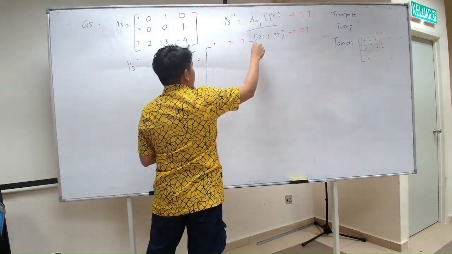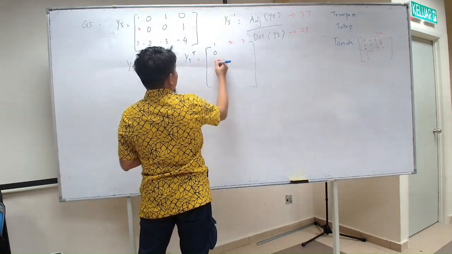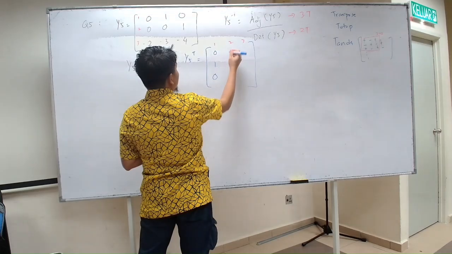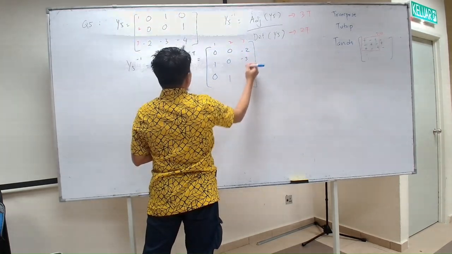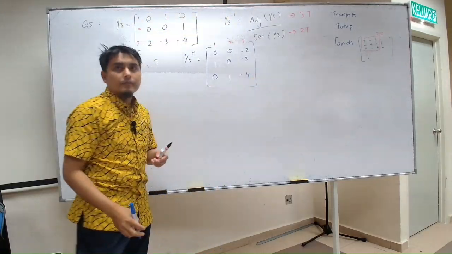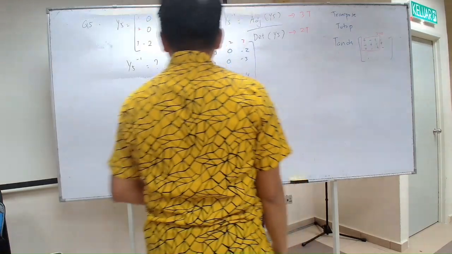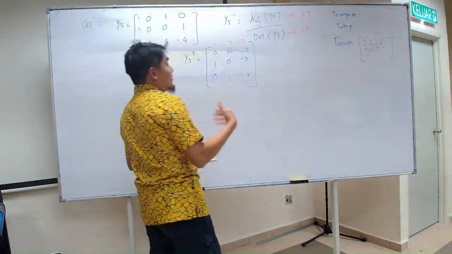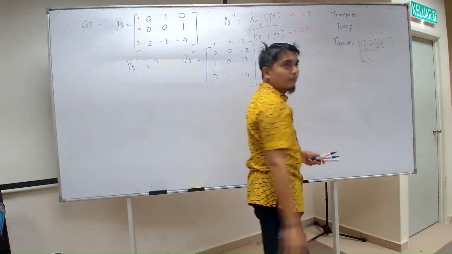So in this case, the transpose of Y5 is 0, 1, 0, 0, 0, 1. Okay.